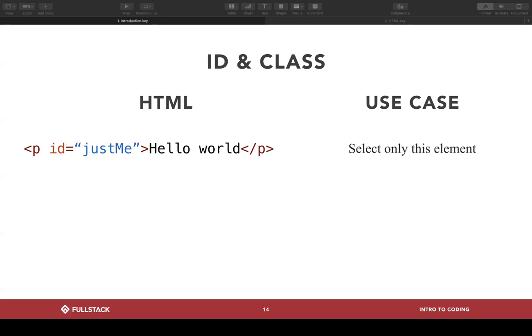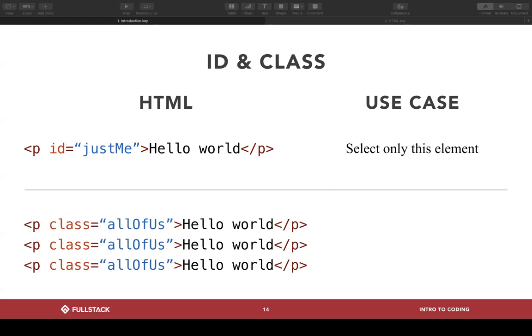Classes, on the other hand, you can put multiple classes, right? You can put them on multiple elements. So it's kind of like a category or a genre, right? Multiple elements can have this class. And then when I want to pull several elements with a common value, I can put this class on there and say, hey, all of these hello worlds, put all of us on there.